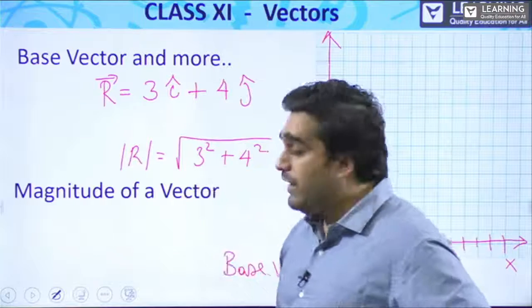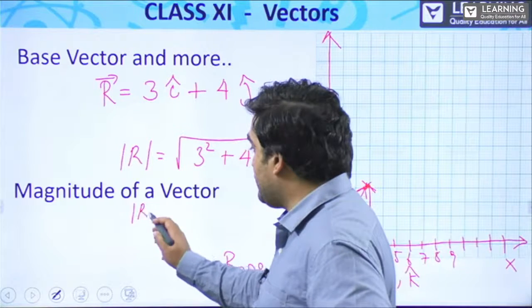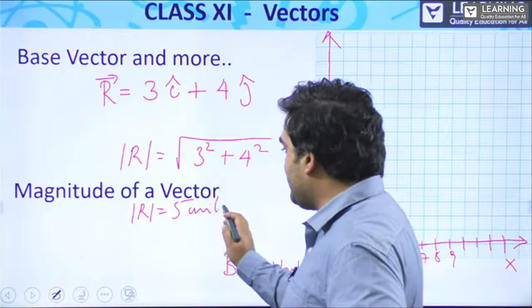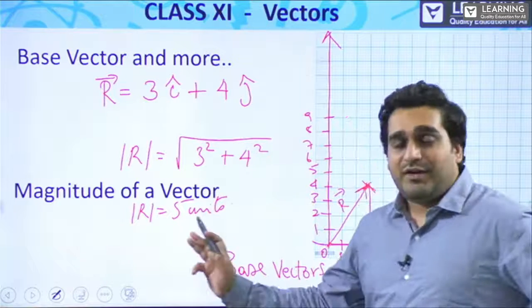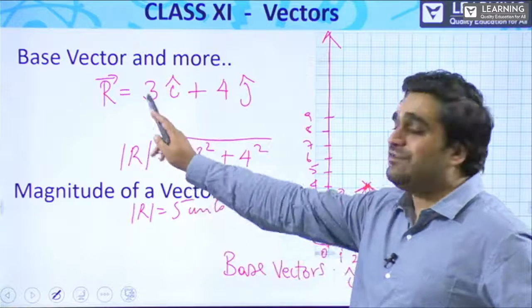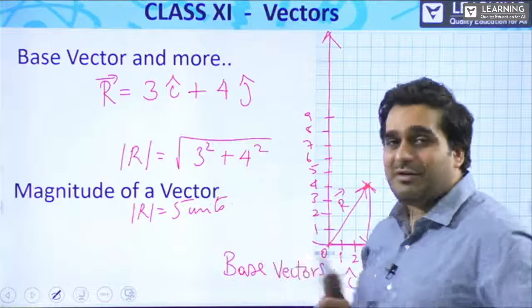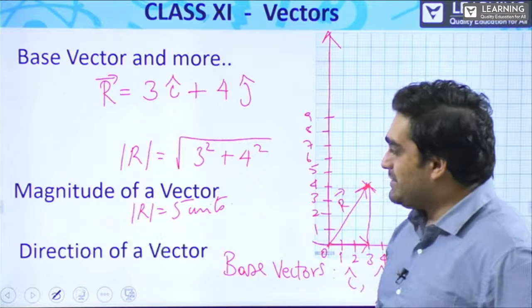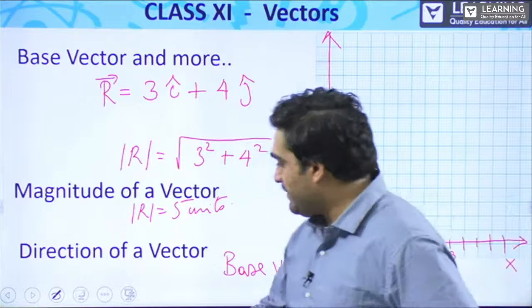Square root of 25 is 5 units. You see, we have just determined the magnitude of a vector using the given data, not even by a graphical method. All right. Now, similarly, the direction.